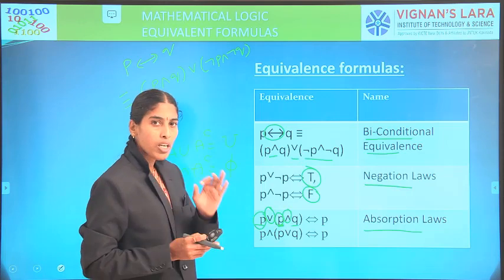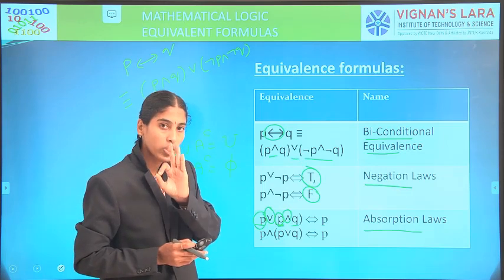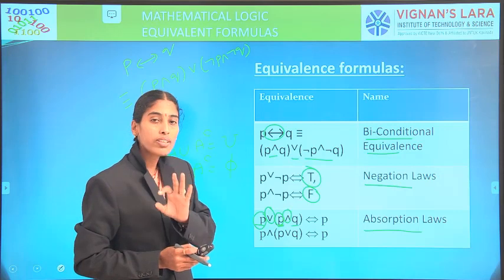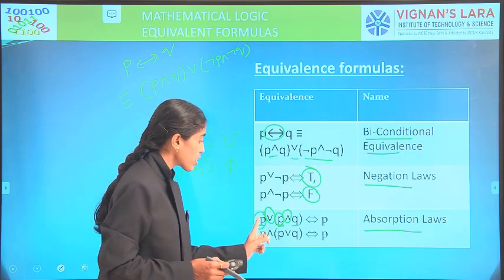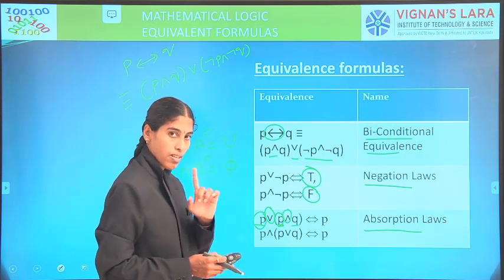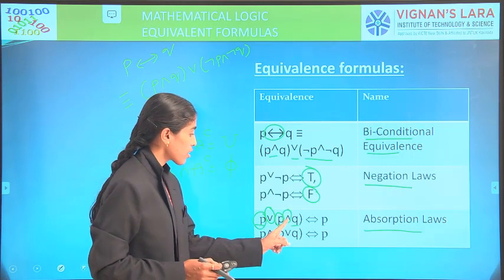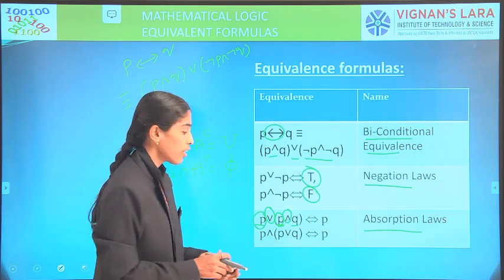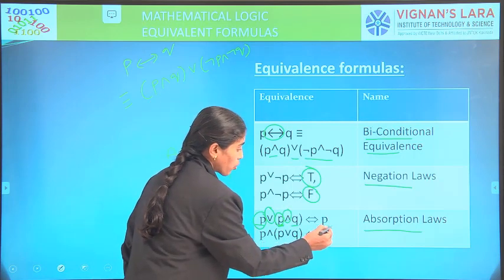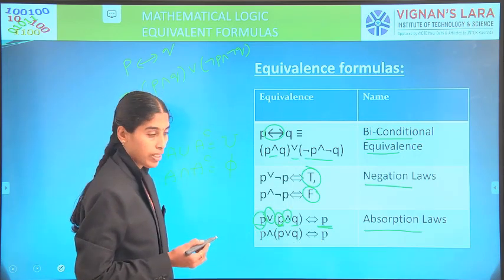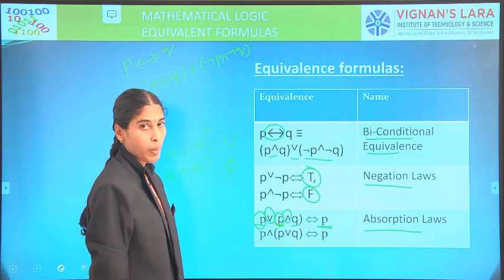Among 3 variables, one variable is repeated twice. That is the first condition. Second condition is, if one is OR, the other symbol must be AND, then it is equivalent to the repeated variable P. So this is about absorption law.